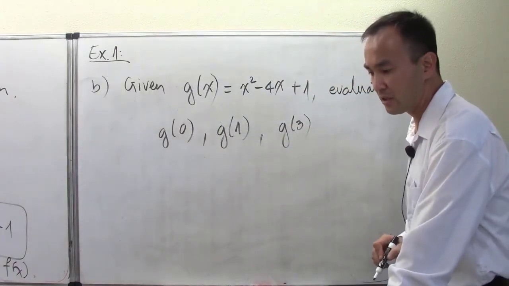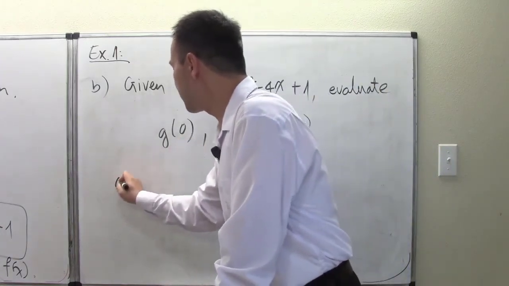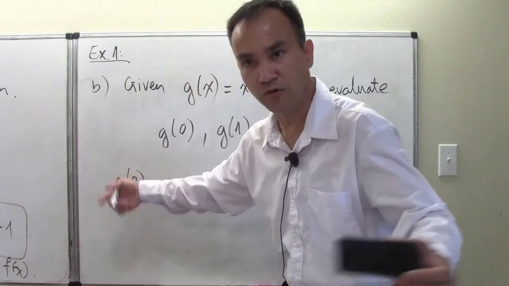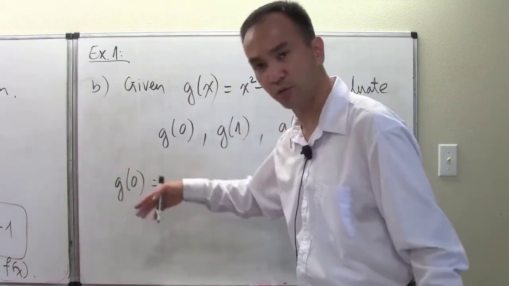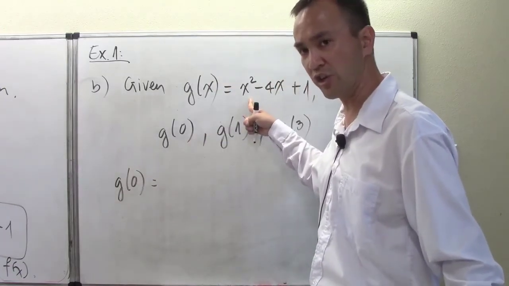Now g of 0 means, there's no reason to use f. Don't use the 5x minus 4 because that was f. This is g, so we have to take the rule associated with it.